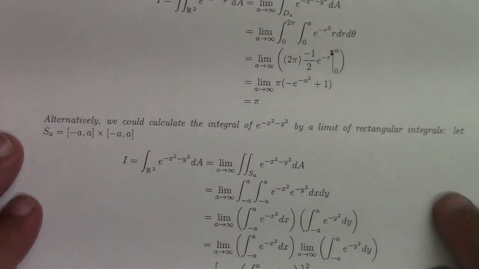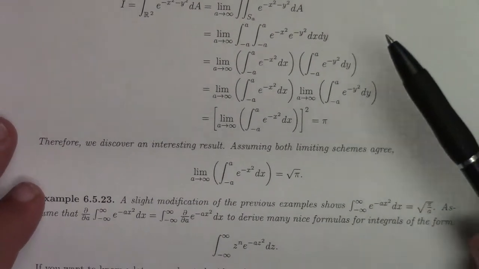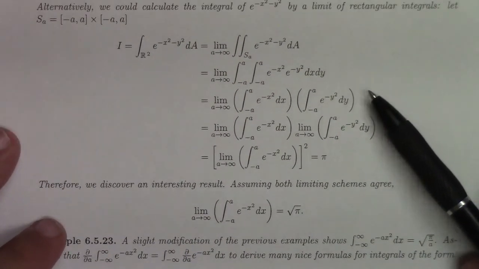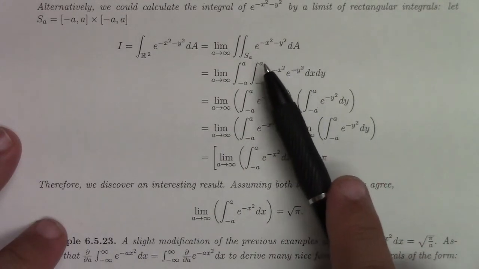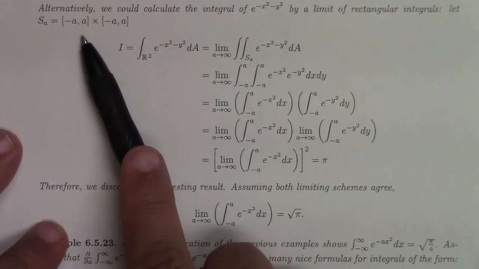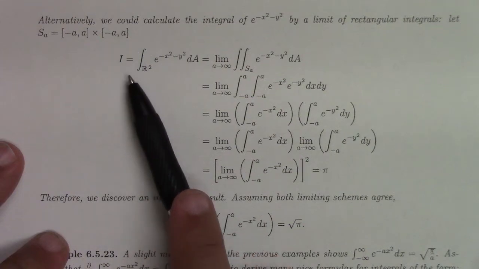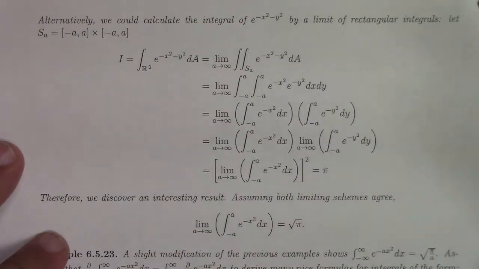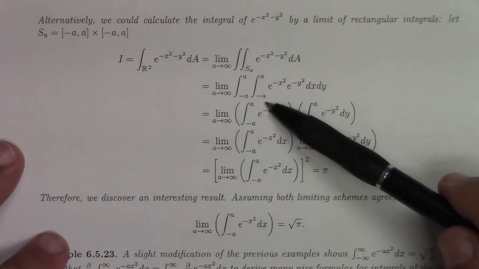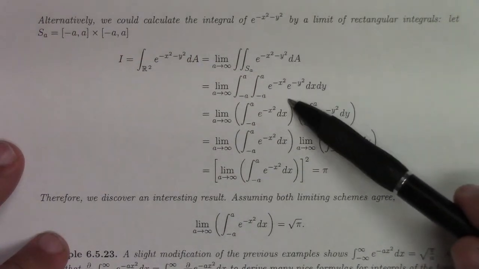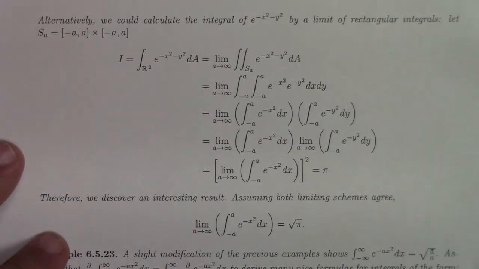And on the flip side, we could also calculate the integral of e to the minus x squared minus y squared as this, where a is the square, from minus a to a, from minus a to a, as a goes to infinity. That's the other way we could look at it. You can calculate that integral by integrating from minus a to a, and by algebra it splits up, and these don't have anything to do with each other, so you can write it as a product of the integrals.